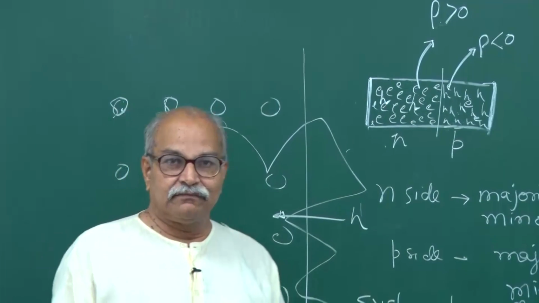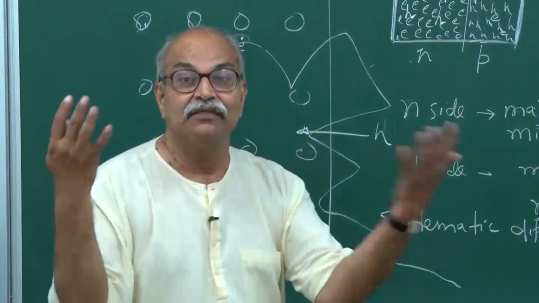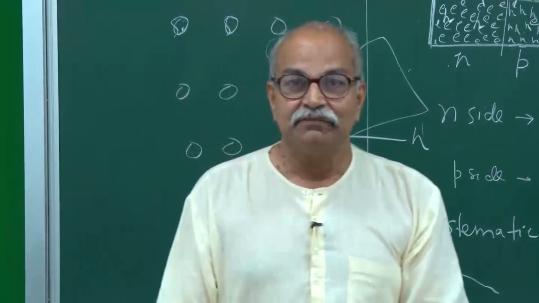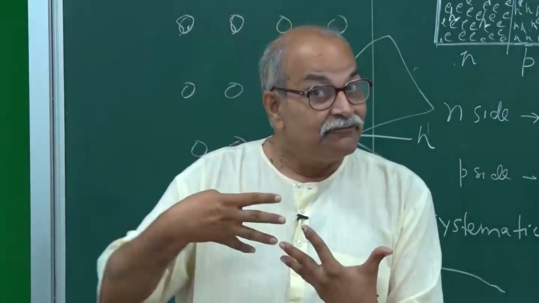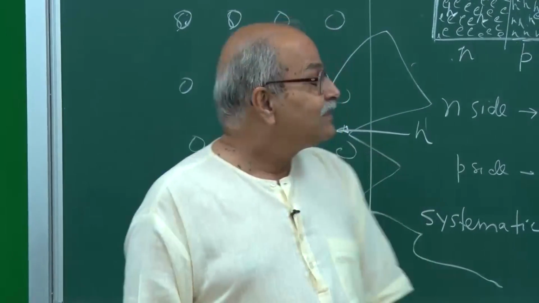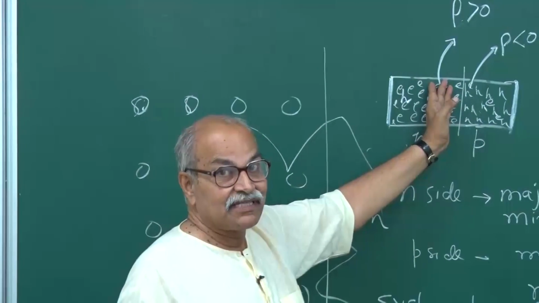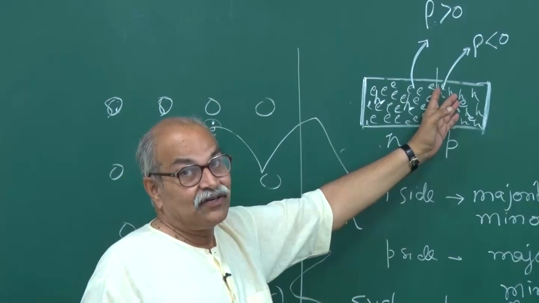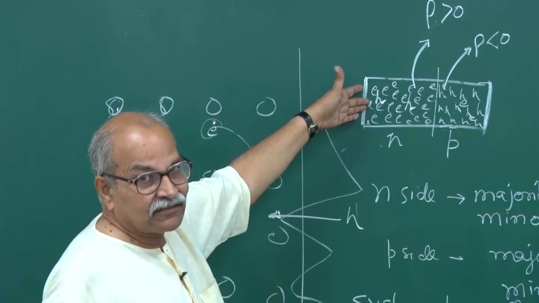So, in an N type or P type semiconductor, if you just have one semiconductor, P type, you do not have charge density, but if you make this junction, p-n junction, then the charge density will appear. You will have positive charge density on one side, negative charge density on the other side. But this thing does not extend up to the end.